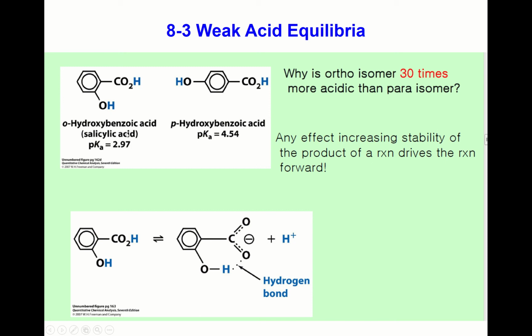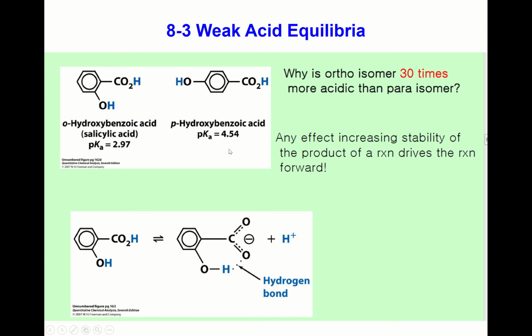The pKa for ortho hydroxybenzoic acid is 2.97. This is a weak acid but relatively strong. For the para molecule, the pKa is 4.54.